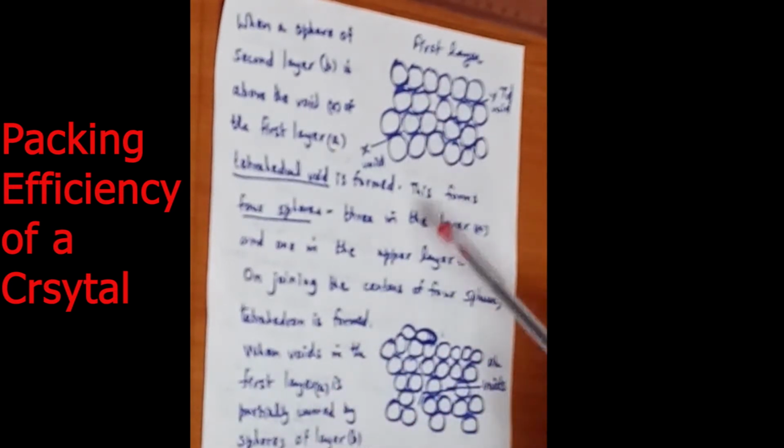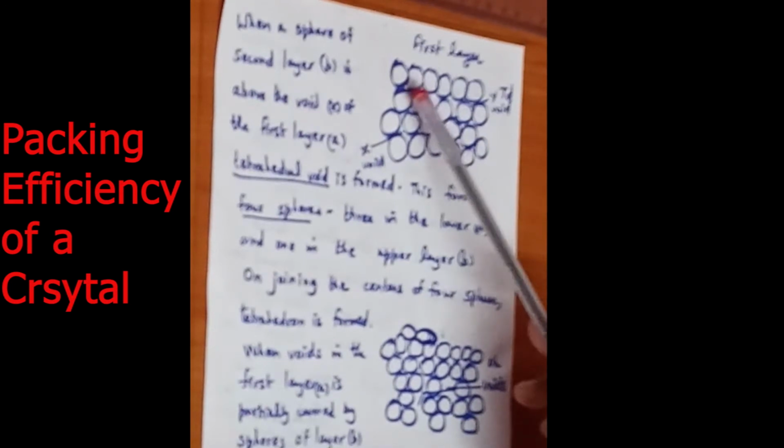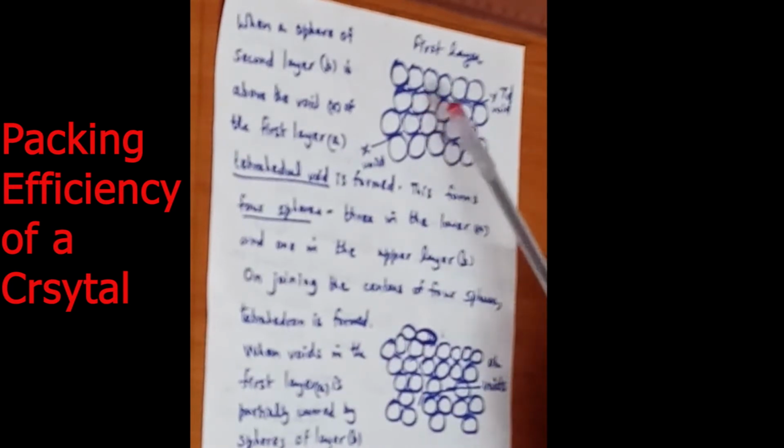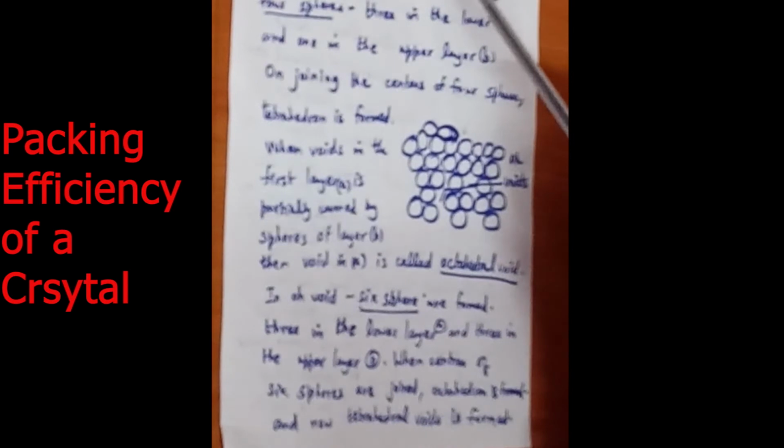But when the voids in the first layer are partially covered, not fully covered, by layer B, voids and holes are the same thing. That particular hole is called an octahedral void.